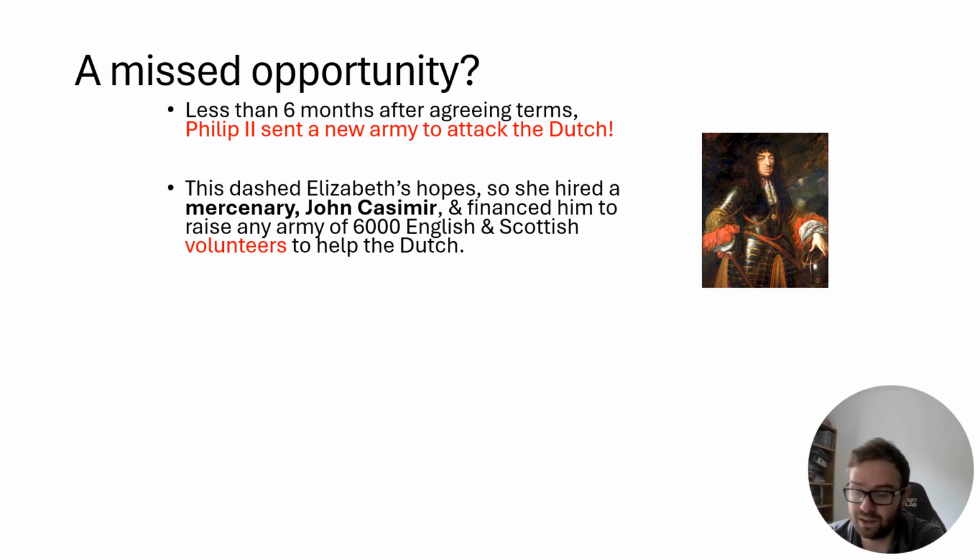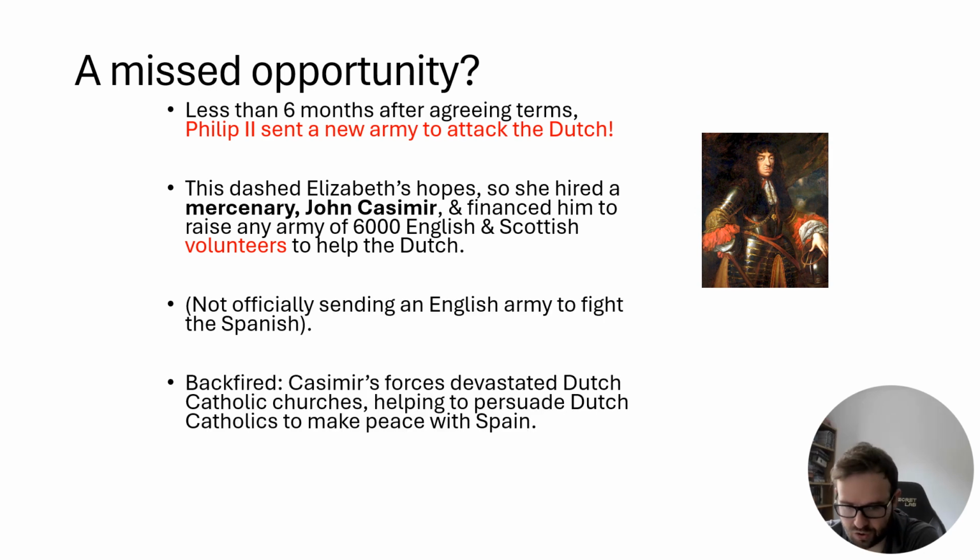Remember, they are not flying the British flag, because this is Elizabeth indirectly getting involved. They are mercenaries, so not officially sending an army, because that would be war. But it backfires. Casimir's men attack the Catholic churches, and this leads to the Dutch Catholics making peace with Spain and really cutting the power of the Dutch Revolt in half.